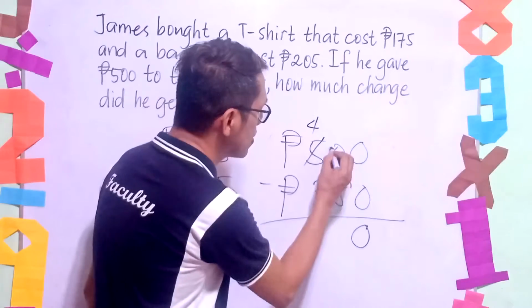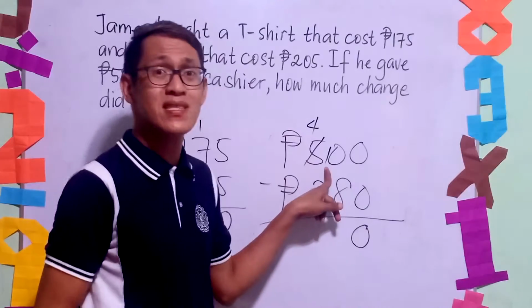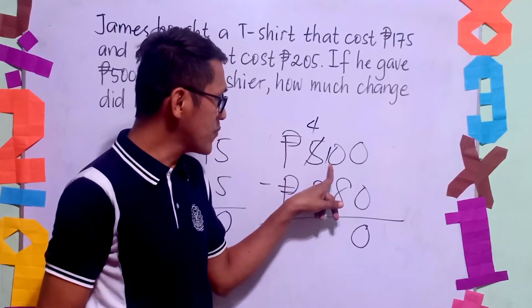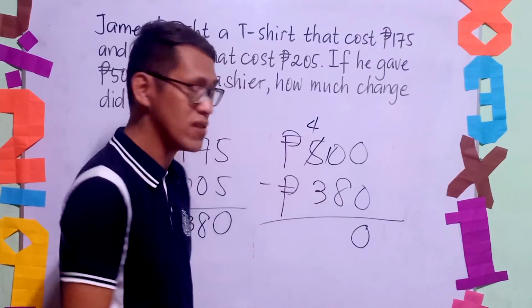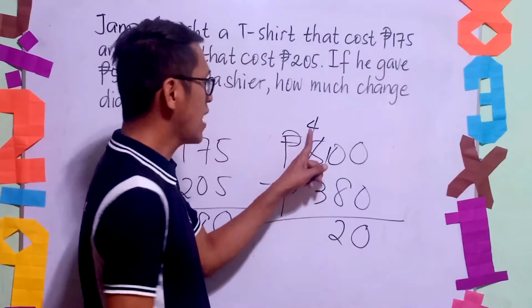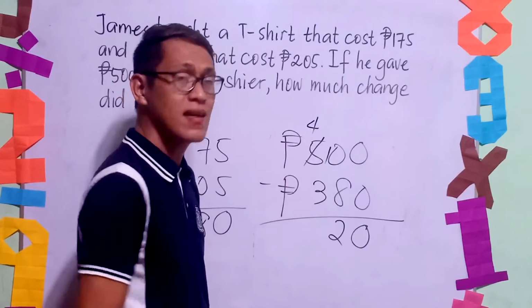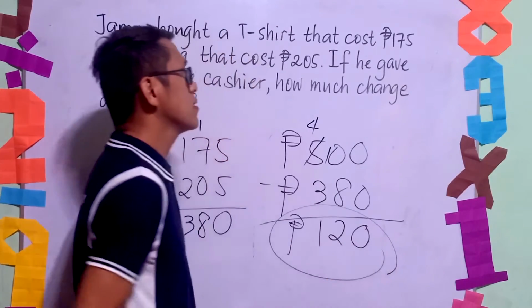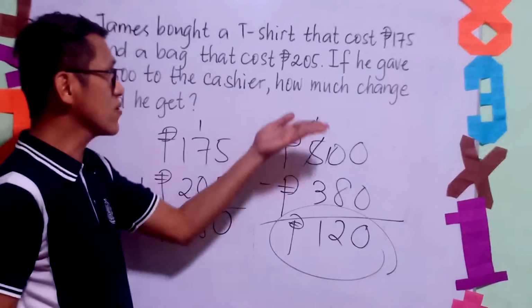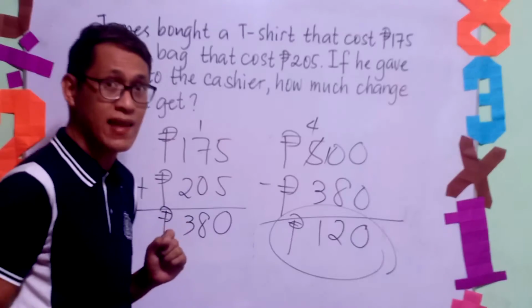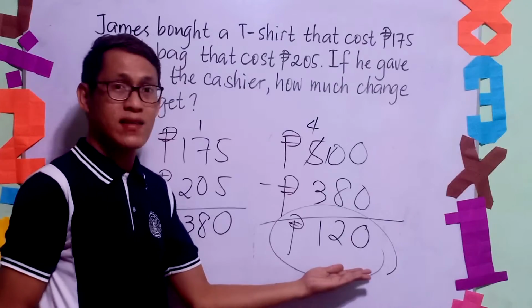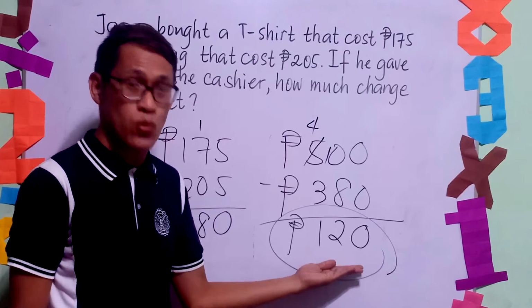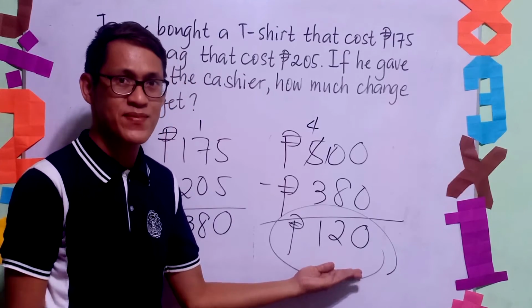Place it here. So the 0 becomes 10. So you can subtract now 10 minus 8, which is 2. Then 4 minus 3, that's 1. So meaning, if you want to answer this question, how much change did he get? Well, he got 120 pesos.